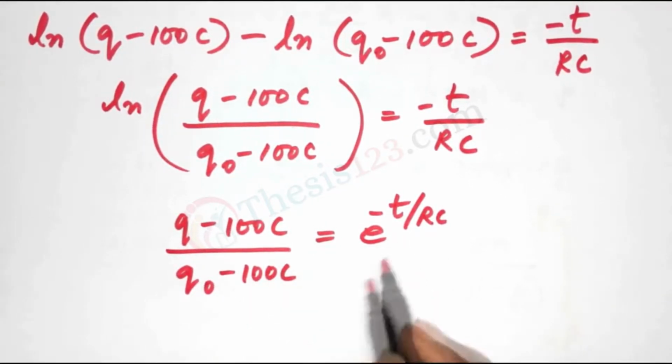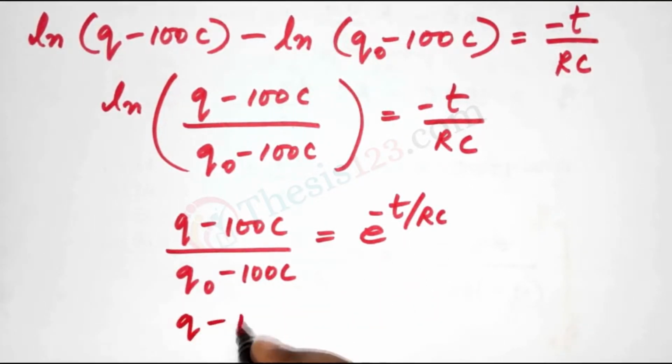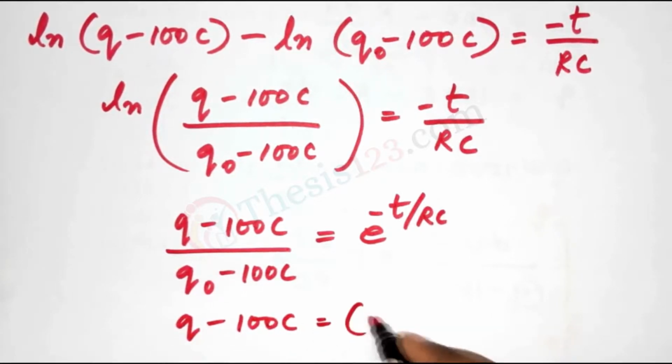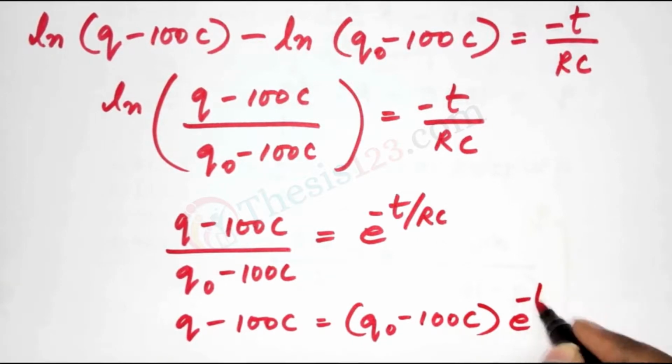Now let's take this expression here. We would now have Q minus 100C is equal to (Q0 minus 100C) times e power minus t by RC. Isn't that right? Okay. Now we are going to differentiate this expression.